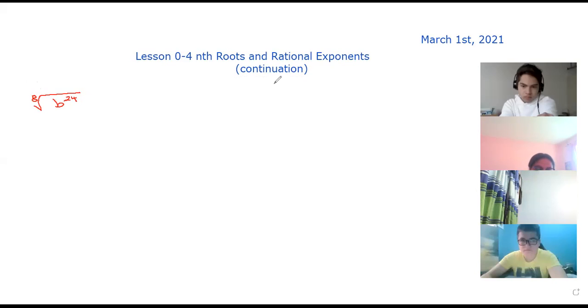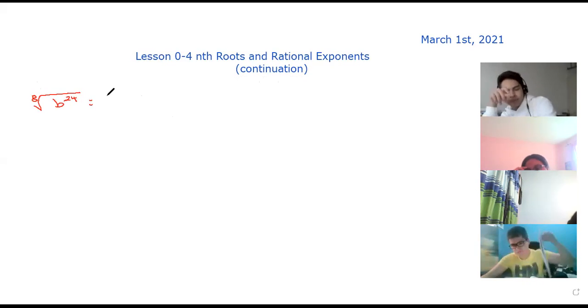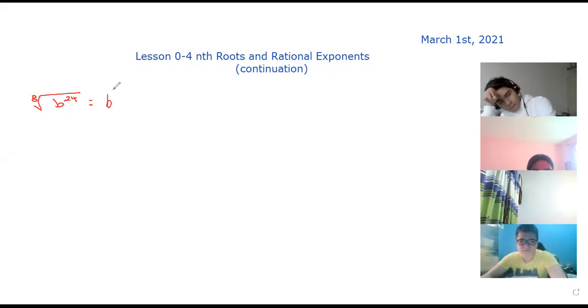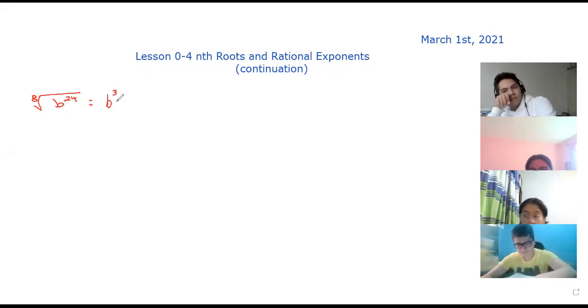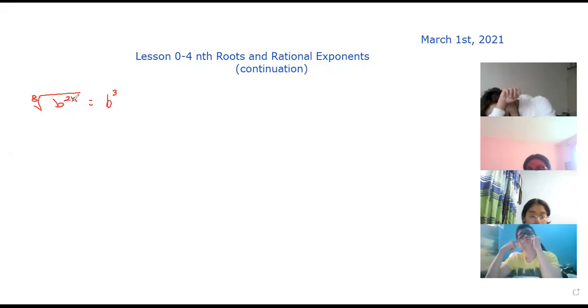Miss, I think the only one we didn't do was letter D. Okay. But the answer that we wrote is this, right? b to the cube. Yes. Okay. Now, based on what you just wrote, the power is an even number, it's 24.